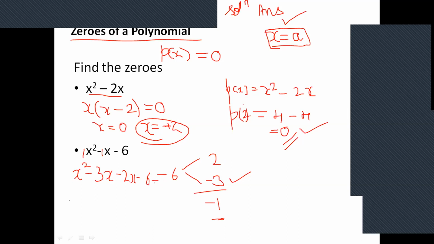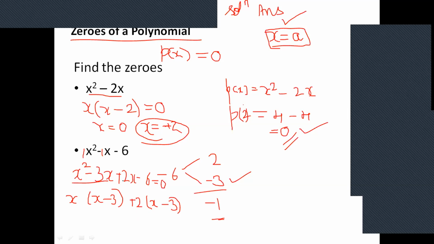Now take the first two terms, take x common, you will have x minus 3. Here you can also take a common factor, and it is plus 2. I'm sorry, plus 2 only is common. You get x minus 3.